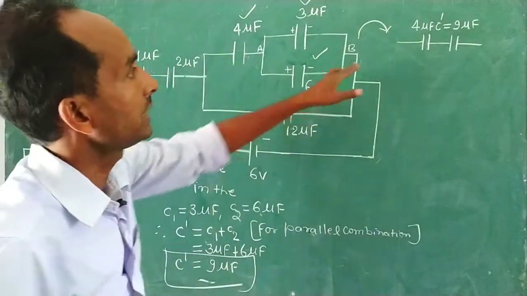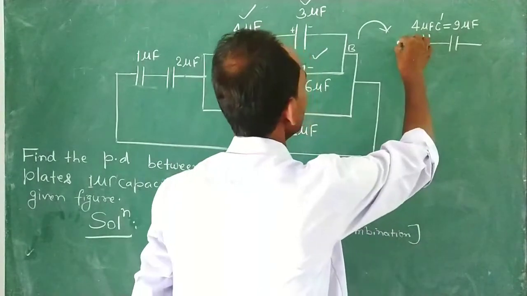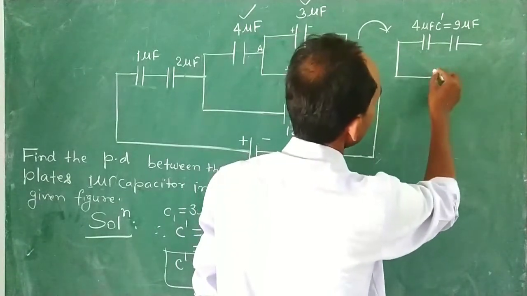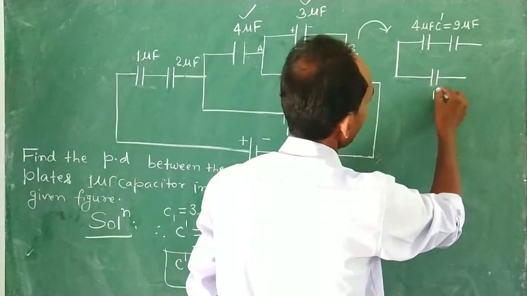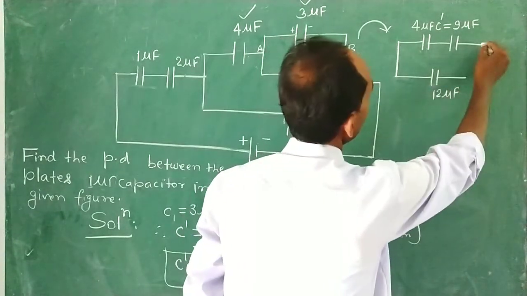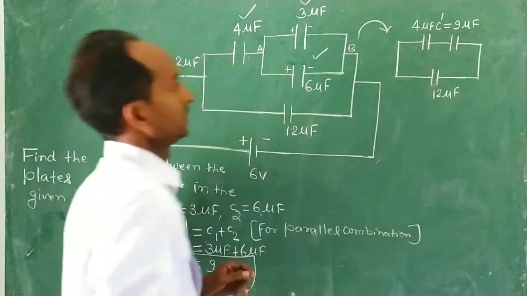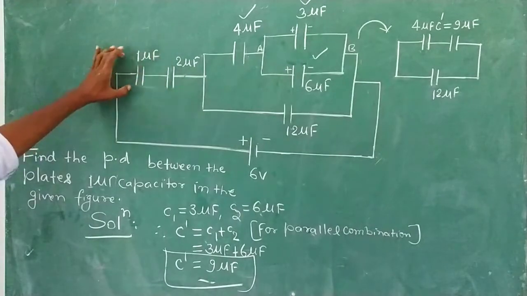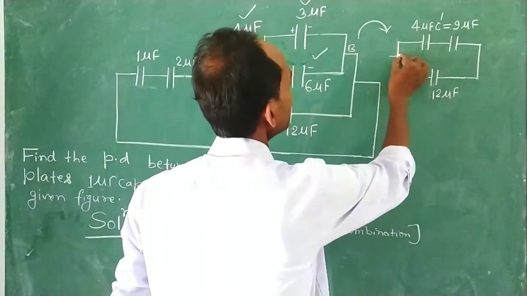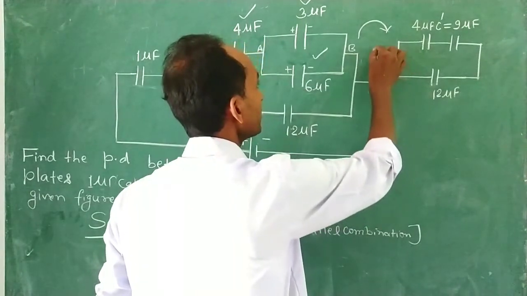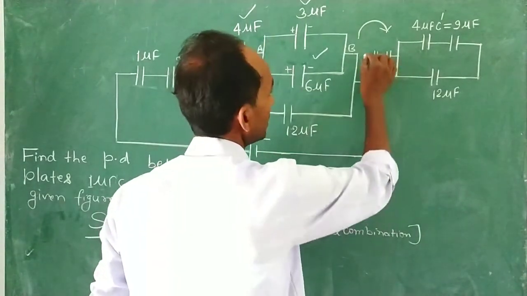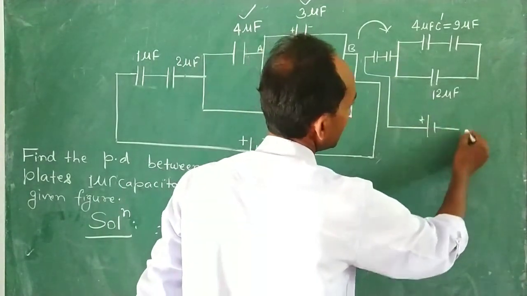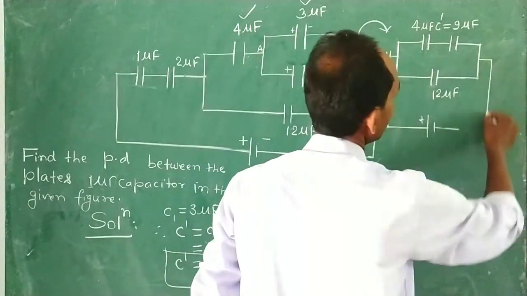Here another capacitance of 12 microfarad is connected with this, and the 1 microfarad and 2 microfarad capacitors are in the same position, and this will be like this.